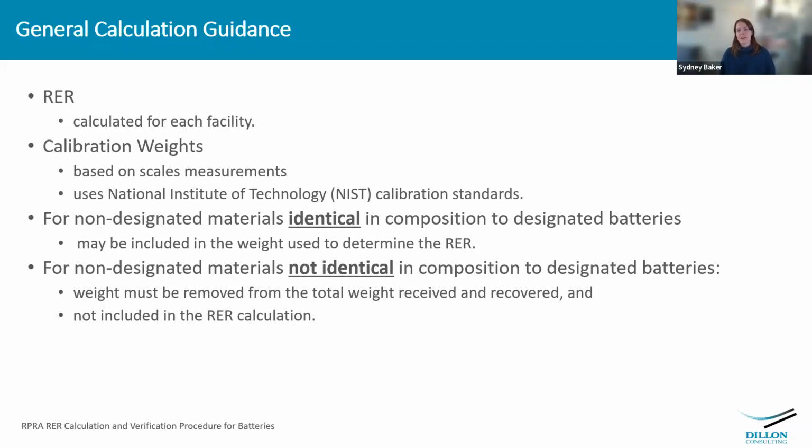Examples of something identical could be batteries that are sourced from outside Ontario, or batteries that weigh more than 5 kg, but are identical to designated batteries that were sourced inside Ontario or weigh less than 5 kg. It is very important that the non-designated materials are identical, and that would have to be verified as well.